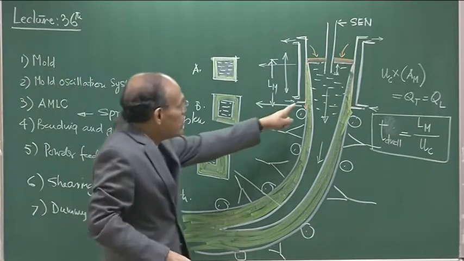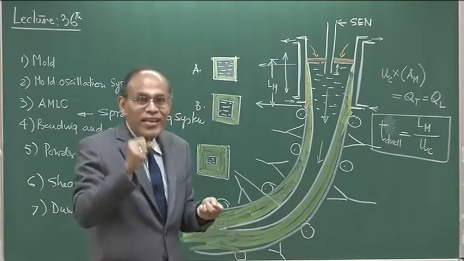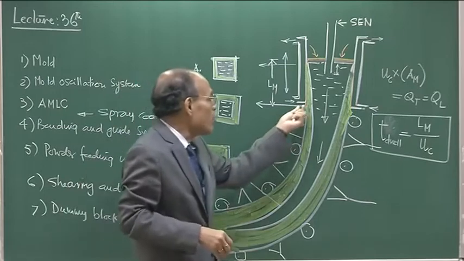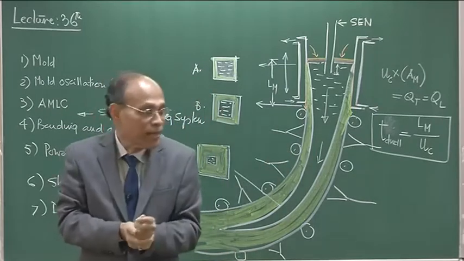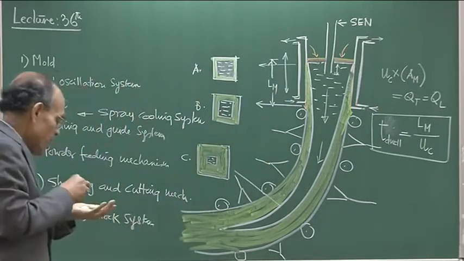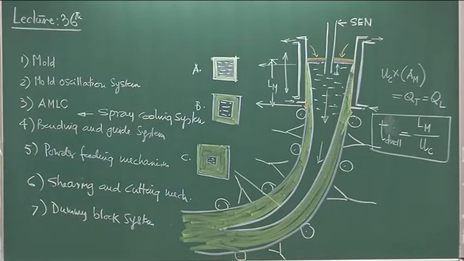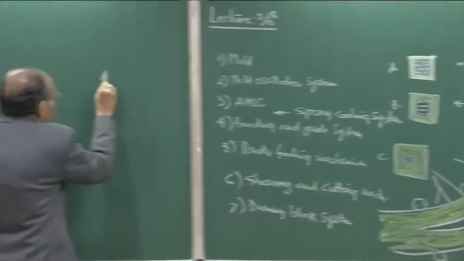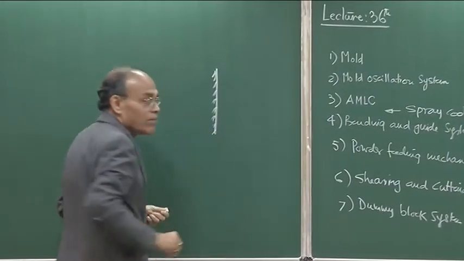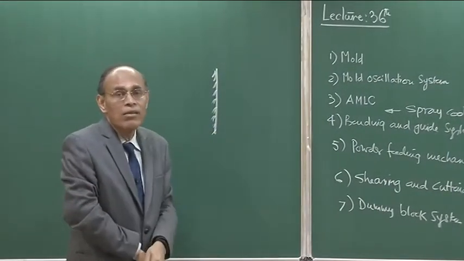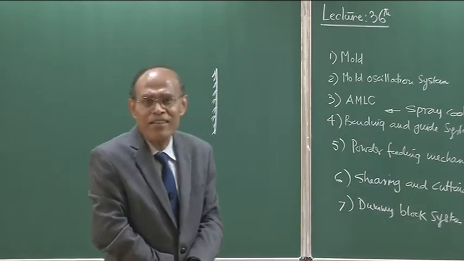Within the mold region, we only want to extract heat, because of the resistance offered by the film as well as the cooling, as well as the powder. And if I can draw, this is the mold wall, and this is the water cooled mold wall. Copper melts somewhere around 1100 degrees centigrade.